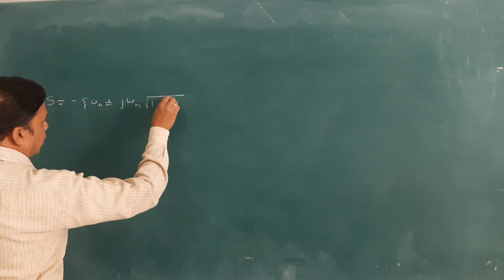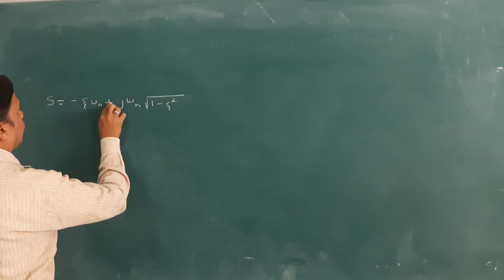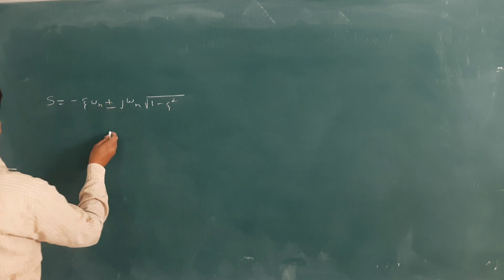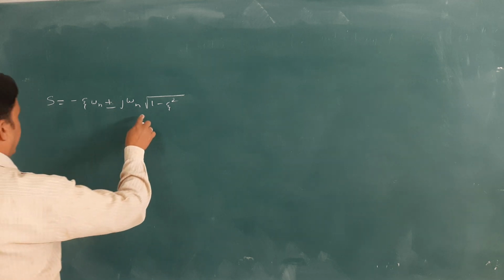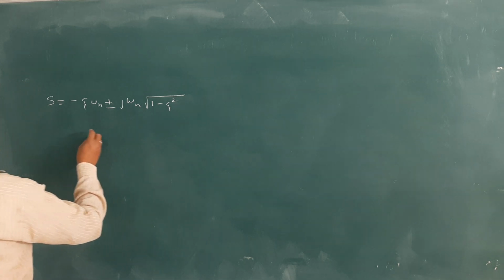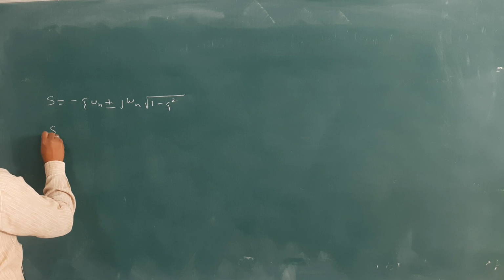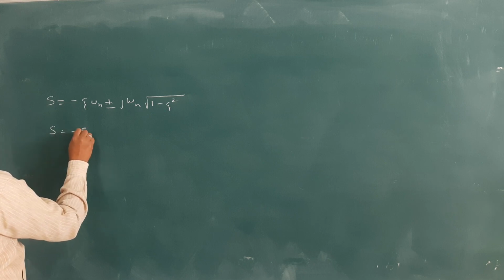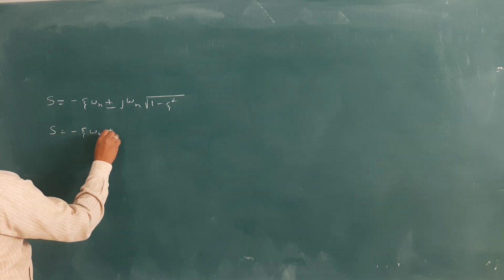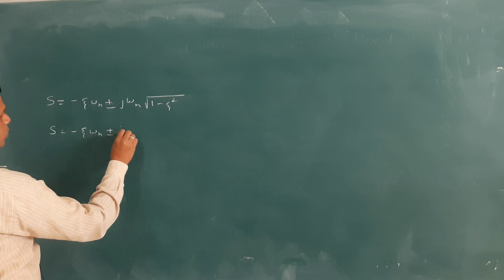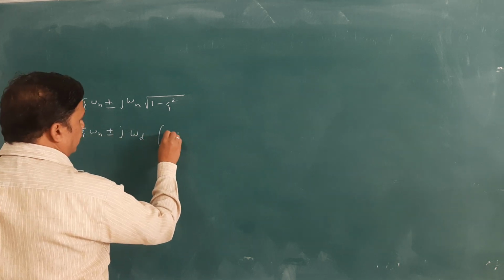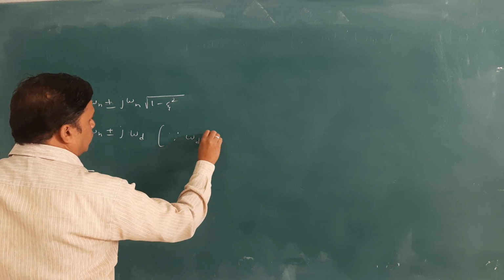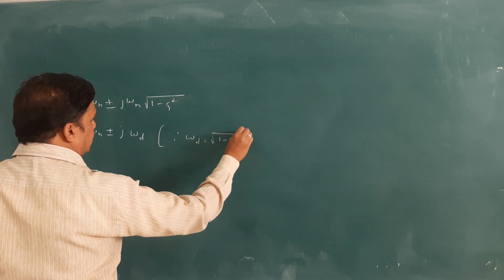In place of omega n into square root of 1 minus zeta square, we can write omega d. So s is equal to minus zeta omega n plus or minus j omega d, since we have already seen that omega d is equal to omega n into square root of 1 minus zeta square.